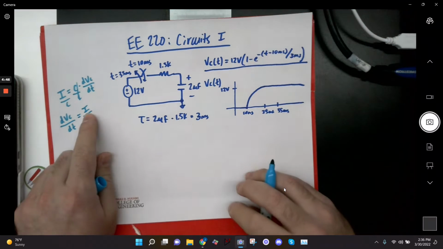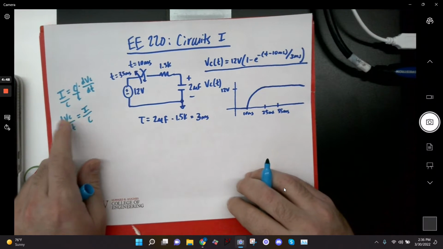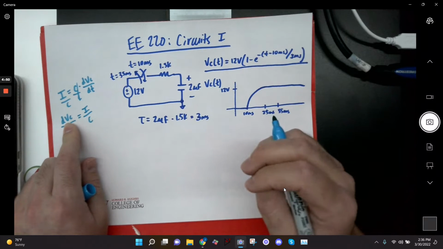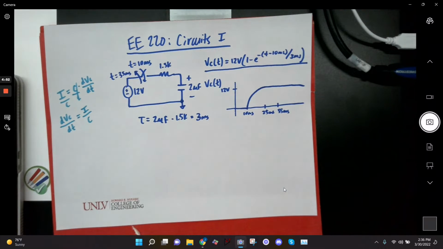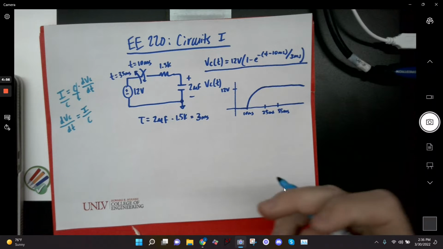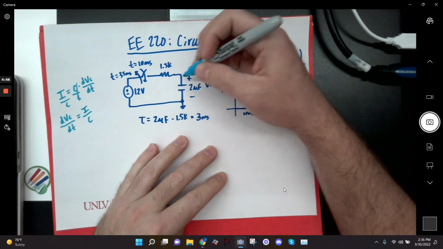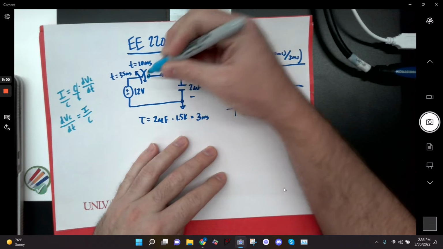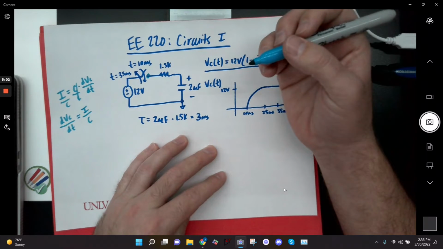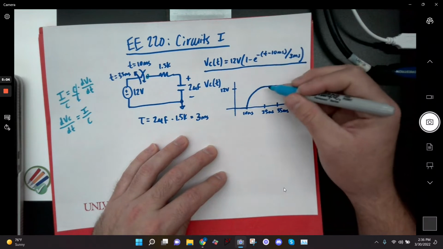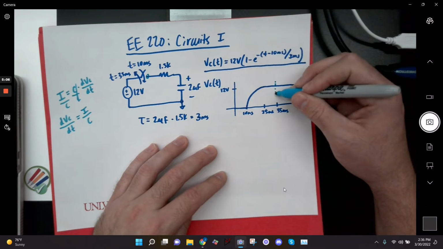Well, if my current is 0, then that means that the voltage of the capacitor can't change, right? Current needs to either be flowing into the capacitor to charge it or out of the capacitor to discharge it. Okay? When this switch opens, there's nowhere for these charges to flow, right? It's an open circuit. Okay, so that's why the capacitor voltage stays put even when the switch opens right here.